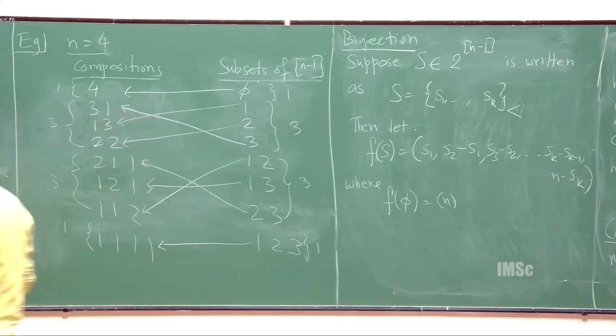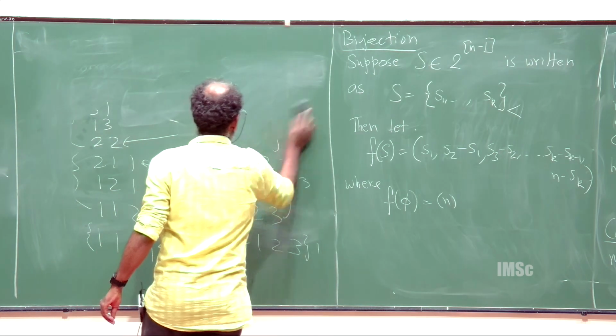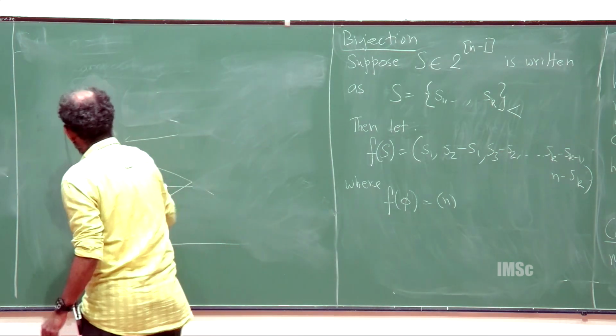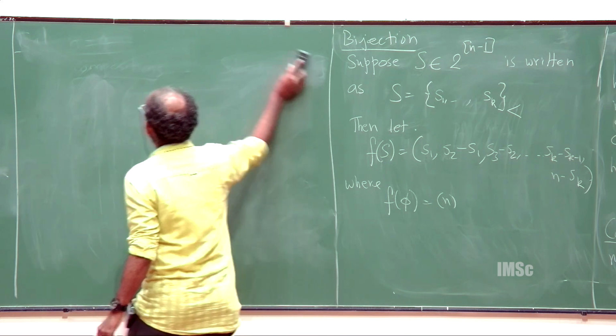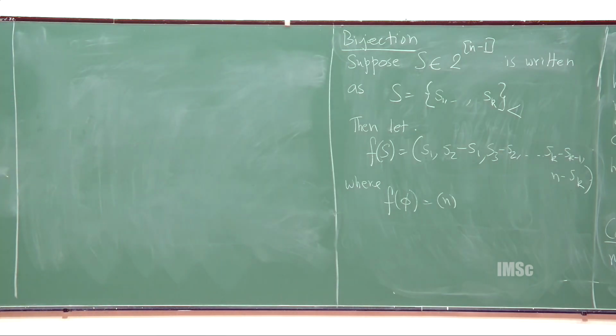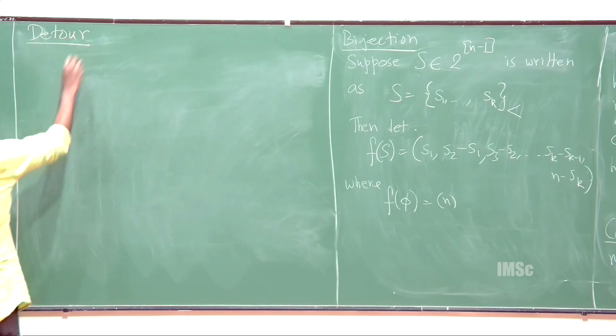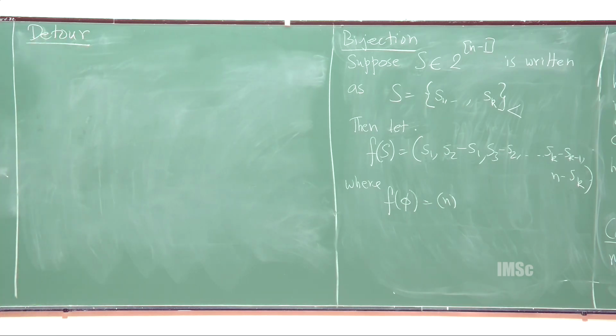Okay, so now we want to count it. To count it, I am going to make a detour. Everybody has seen the polynomial ring in one variable, yeah?